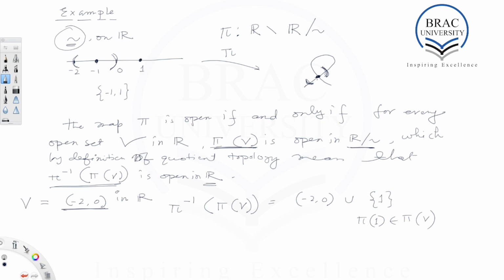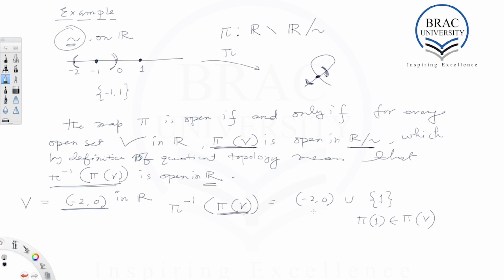So this pre-image is the union of -2, 0 and the singleton set 1.